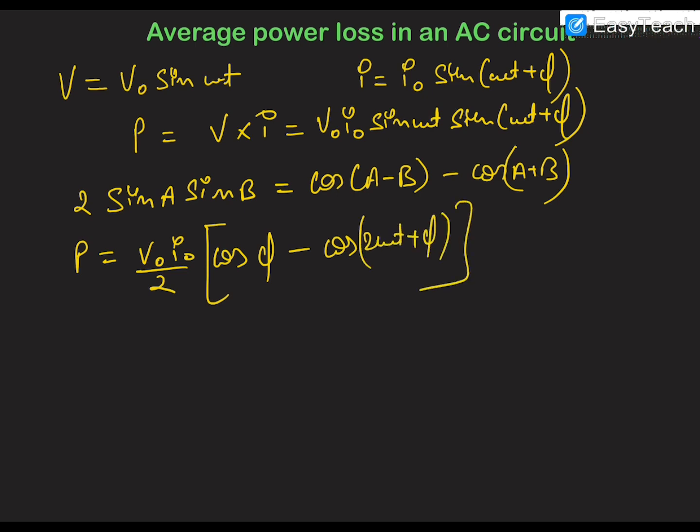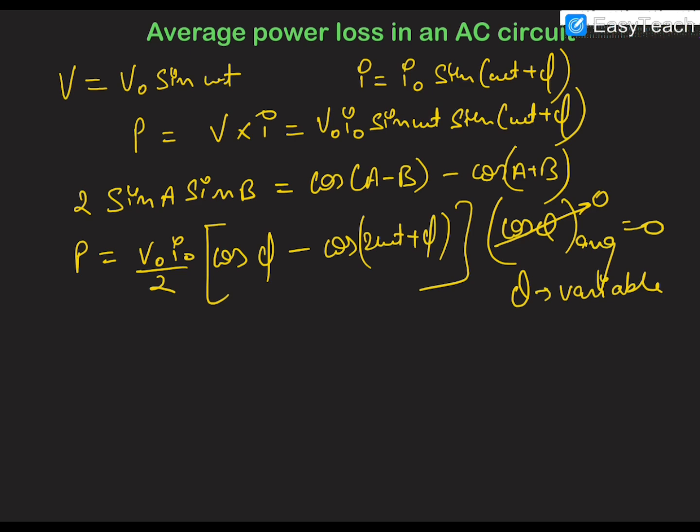Now we know that cos theta has an average value of 0 when theta is variable. But when theta is constant, obviously the average value of cos theta will be the same. If somebody asks what the average value of cos 60 is, we can say easily that it will be half, because its fixed value is also half, and it is not varying with time or anything else.